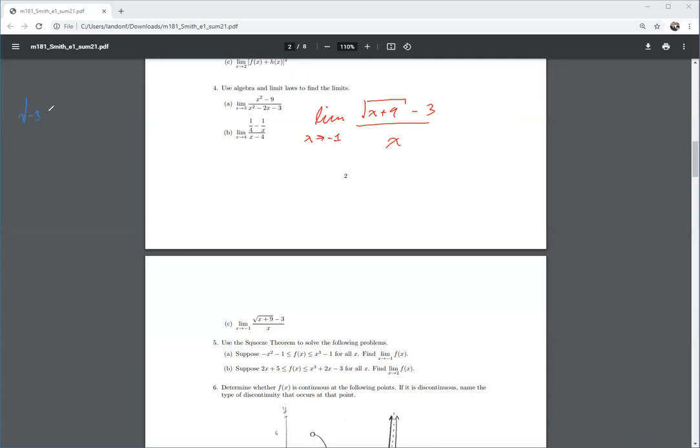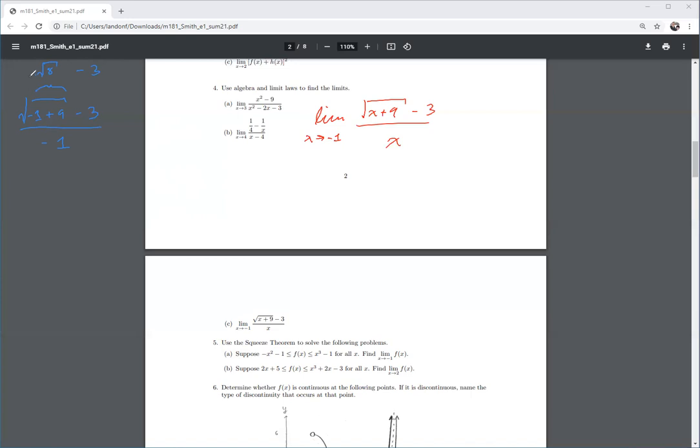So we get -1 plus 9. Can you guys see this color on this dark background, by the way? Yes. Okay, sweet. And then we have a -3 over -1.